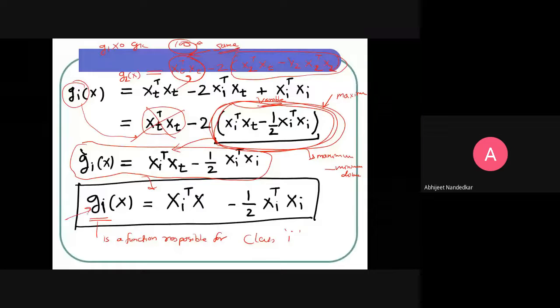We are in search of a discriminant function that will produce maximum response when a test sample similar to that class comes. For example, I am recognizing digits 0 to 9. So there will be a function g0(x) for 0, then g1(x) for 1, then g2(x) for 2, and so on up to g9(x).